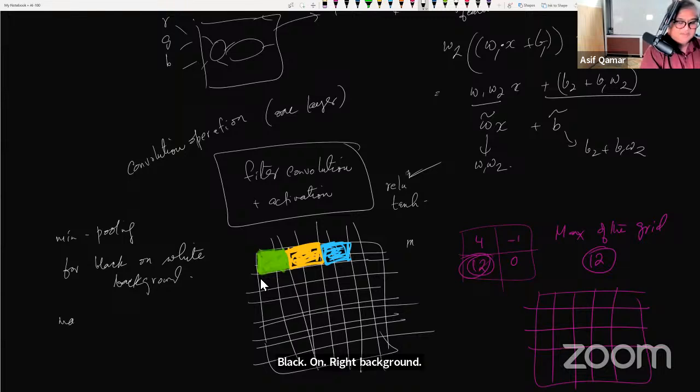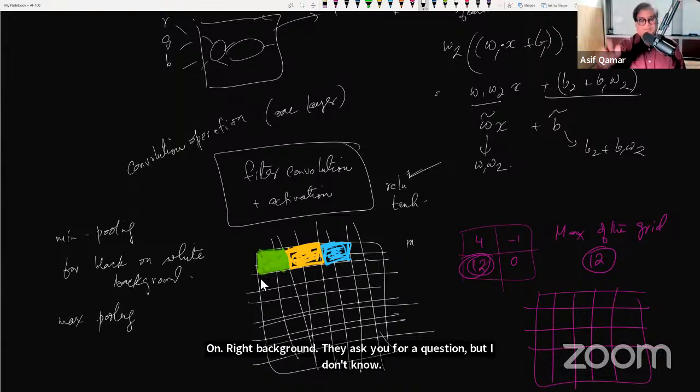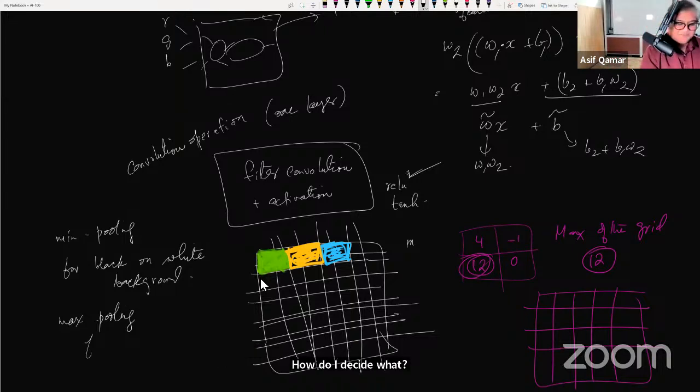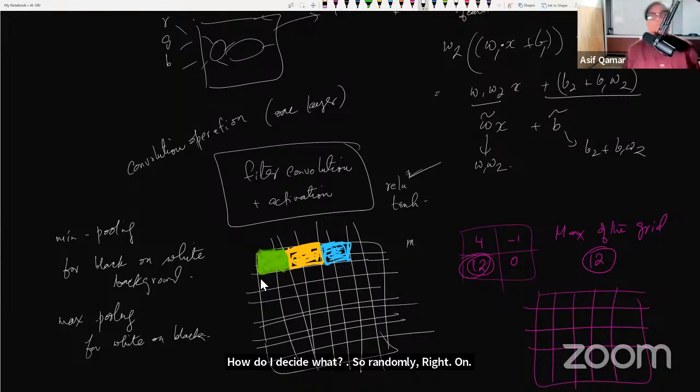They asked a question: how do I decide what pooling I should apply? We'll come to that. Max pooling for white on black. Right. But suppose your signal is actually the midtones. Skin color is the midtone, right?